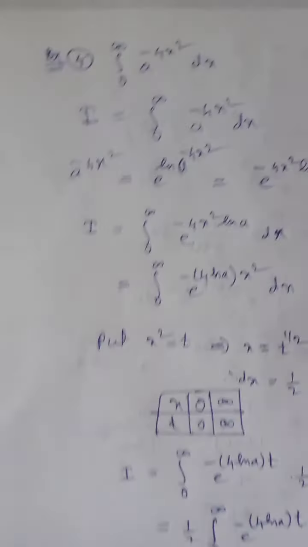So gamma 3 by 2 is half into root pi, divided by h square to the power 3 by 2. So 2 gets cancelled, we'll get h cube. So this is root pi by 4 h cube, right? Final answer.